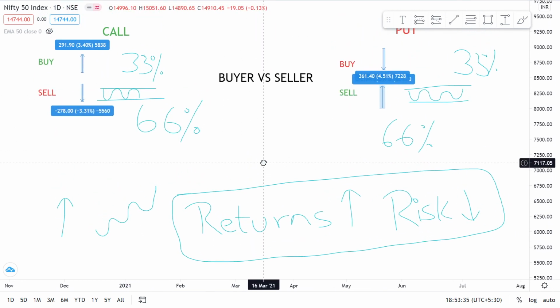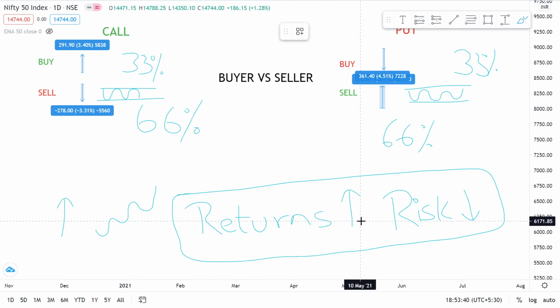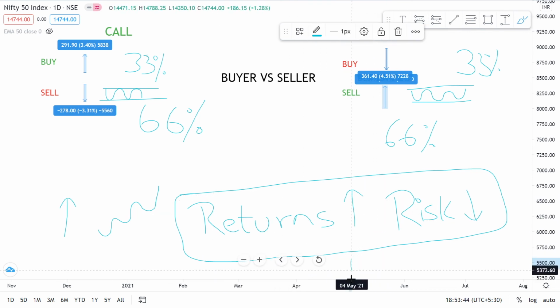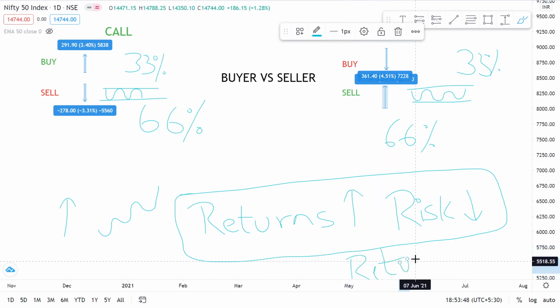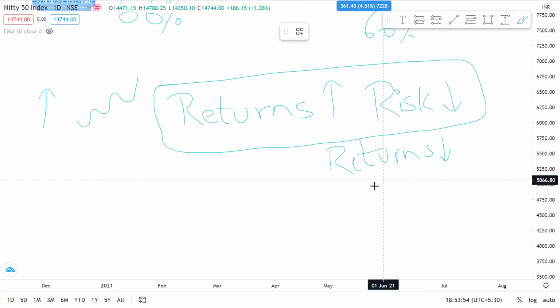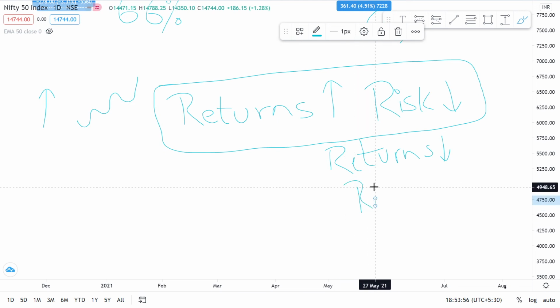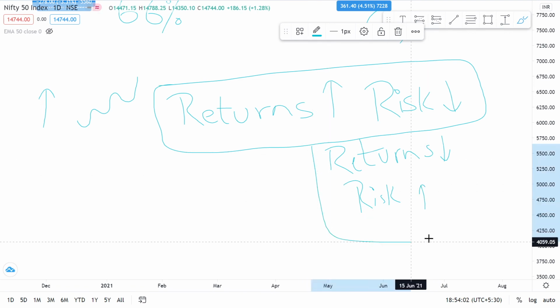Now for option sellers, the return would never be more than 100%. The maximum return they can get is 100%. So for option sellers, the returns are low, and the risk at the same time is very high. Some would say the risk is unlimited, but in real life scenarios, there is never unlimited risk.